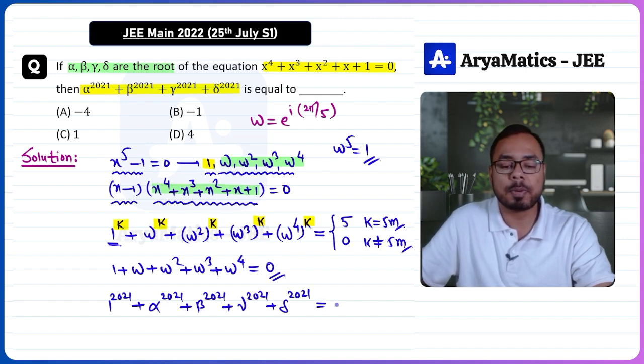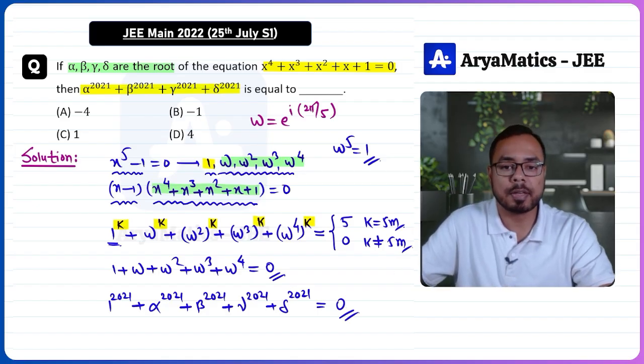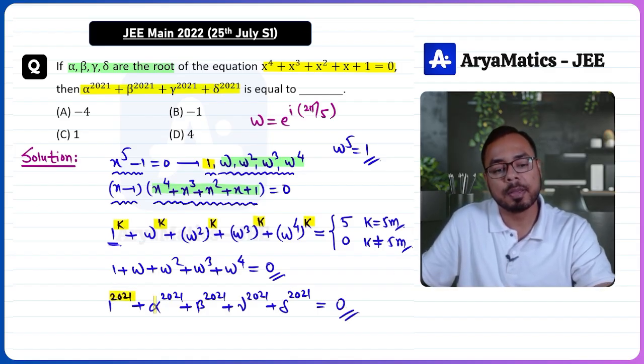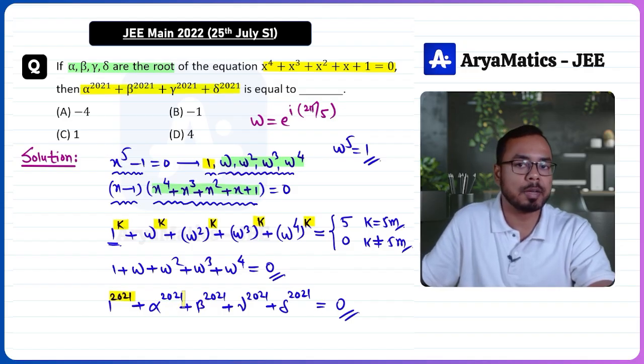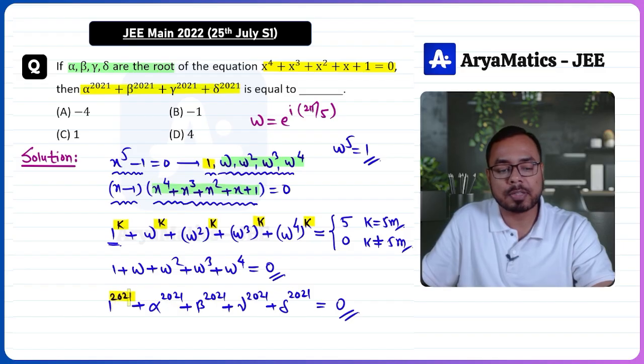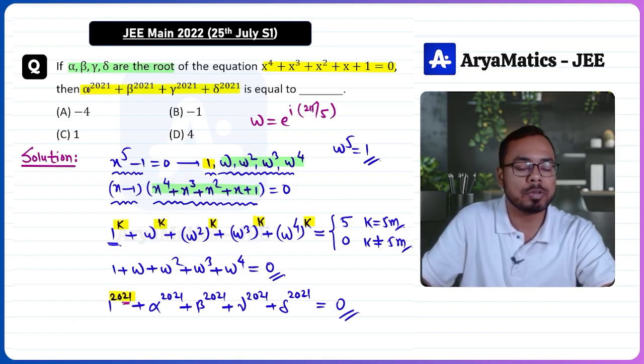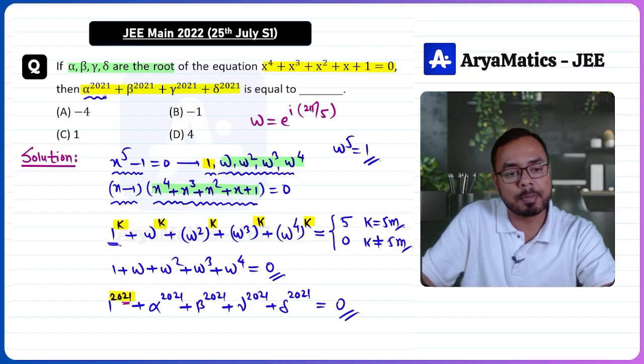Using this previous property, you can say that this sum has to be 0, right? If the exponent was a multiple of 5, then the sum of these 5 terms must be 5. But clearly 2021 is not a multiple of 5, therefore the sum of this must be 0.